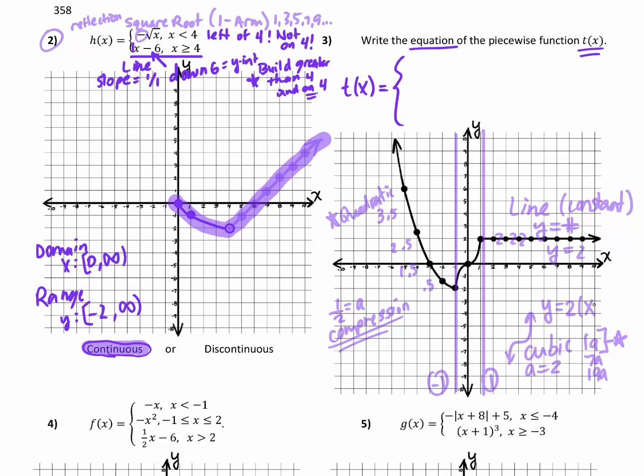We aren't moving away from the origin, and so we would close the parentheses and just put cubed. And then here for the quadratic, it would be y equals 1/2. And this quadratic has moved around a little bit. The vertex is sitting down over here, so that moves us left 1. Remember, left 1 is plus 1. We need a squared to actually make it the quadratic shape. And then down 2.